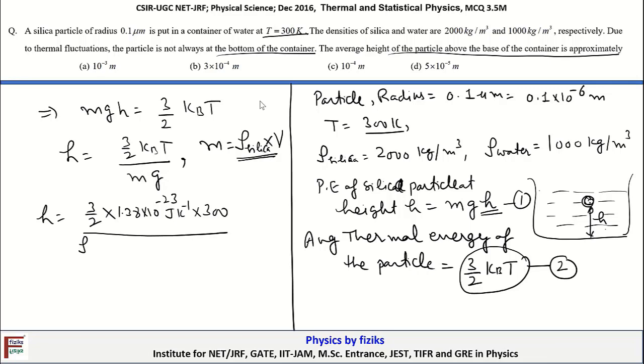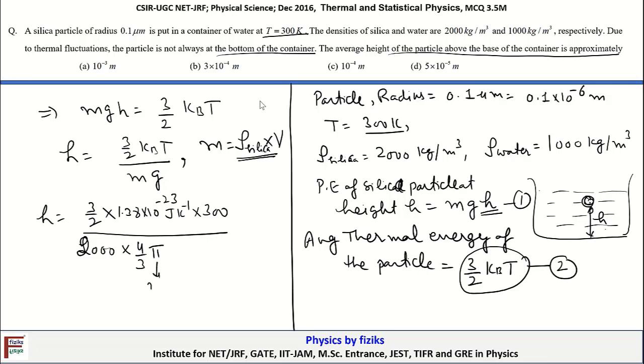So this is rho silica, 2000, into the volume, which is 4/3 pi r cube.